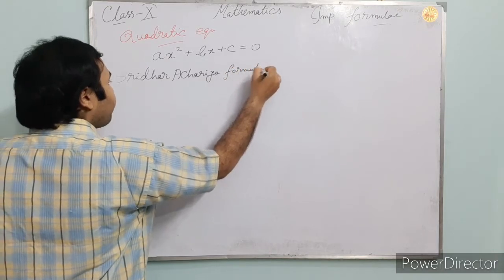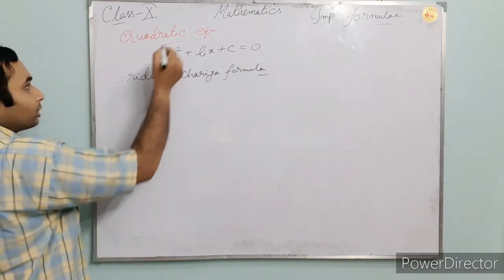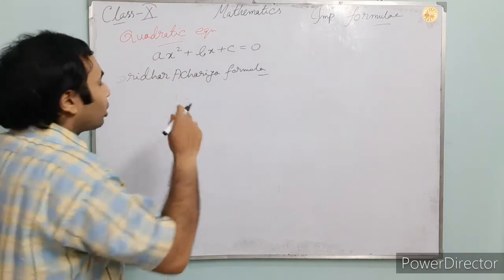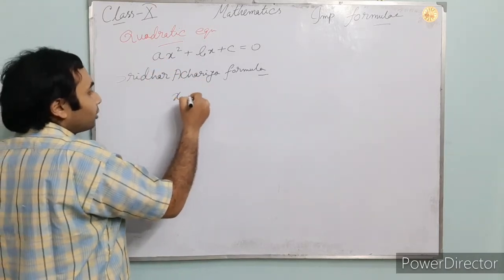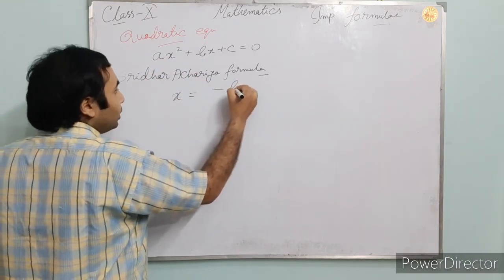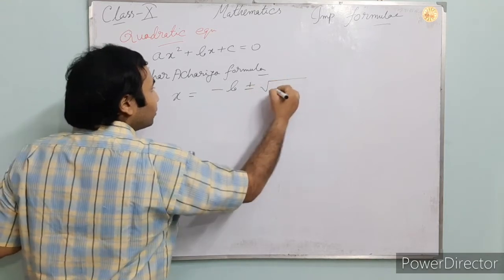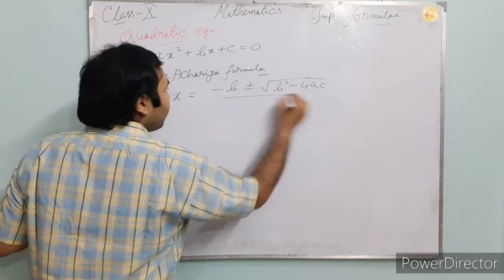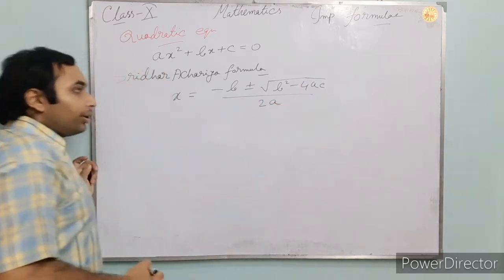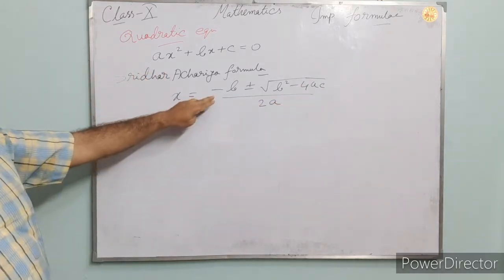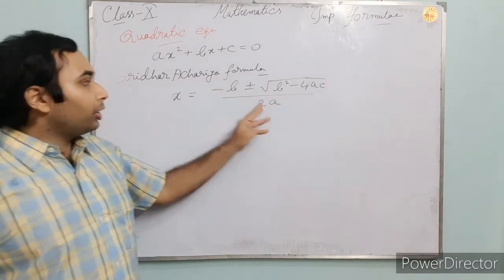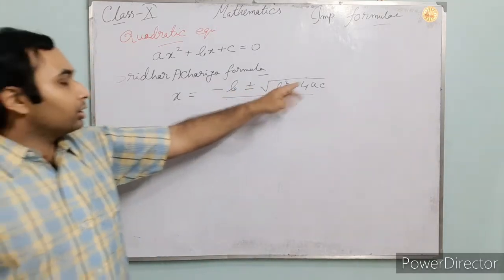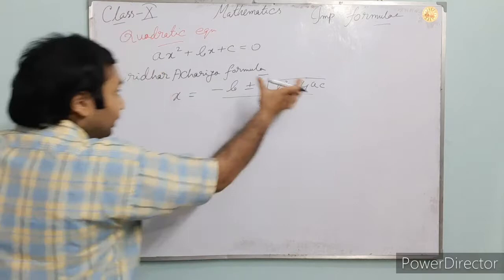The roots of this equation will be x equals minus b plus minus root over b square minus 4ac, by 2a. One root is minus b plus this one by 2a, and another is minus b minus this one by 2a.